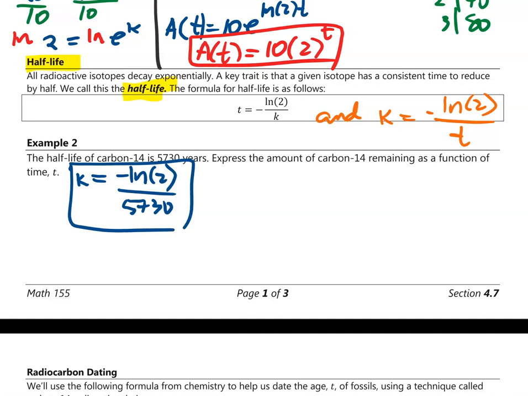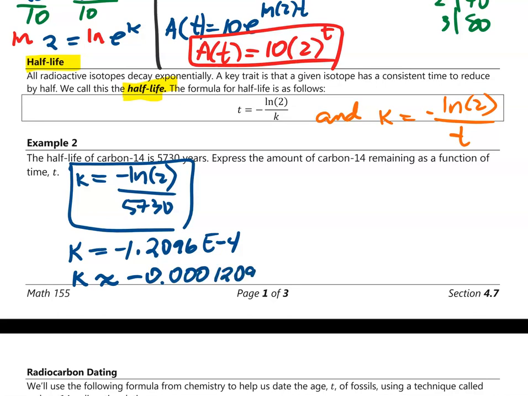And that is approximately, when you use a calculator, equal to negative 1.2096 e negative 4, and that is approximately equal to negative 0.00012096. You move the decimal 4 places to the left. So this is our k.